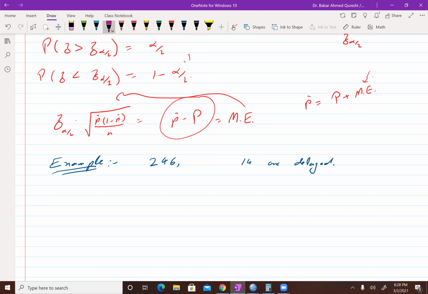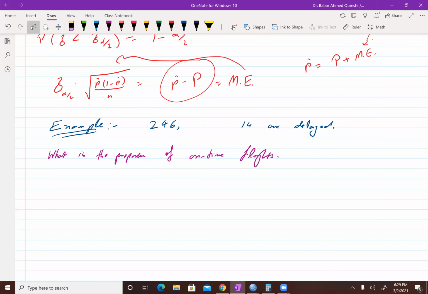So suppose they want to find the proportion of on-time flights. Now, in this sample, it's easy. It's just a simple matter of this computation.